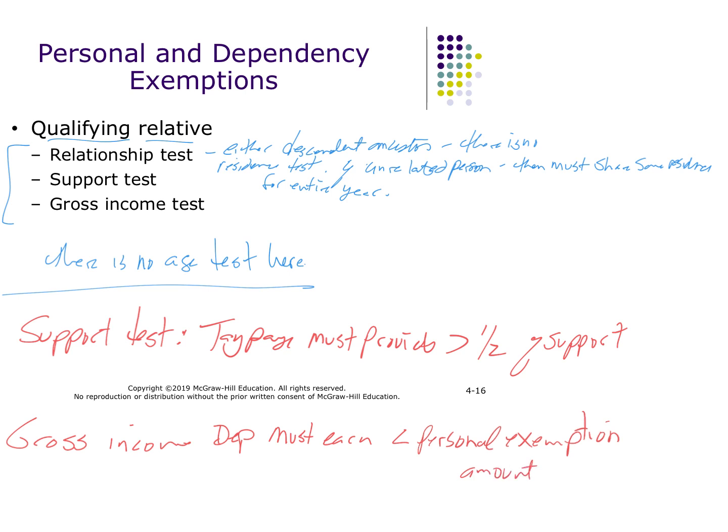The exemption amount is found on the second page of the tax rate schedule. Okay, so let's talk about this a little bit.